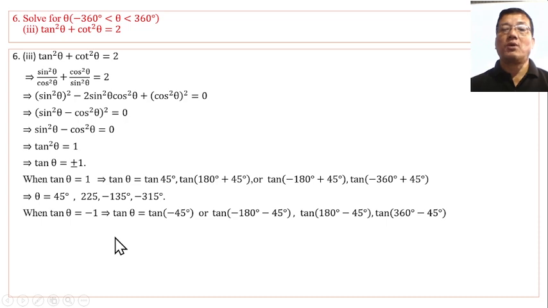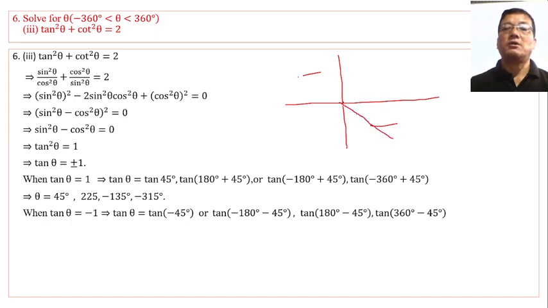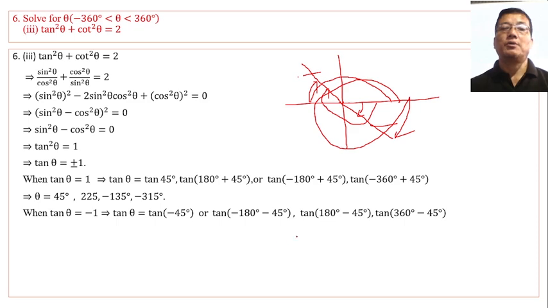Tan theta is -1, tan is minus, which quadrant? For the negative angle, -1, -45, then -180 plus 45, then 180 minus 45, then 360 minus 45.